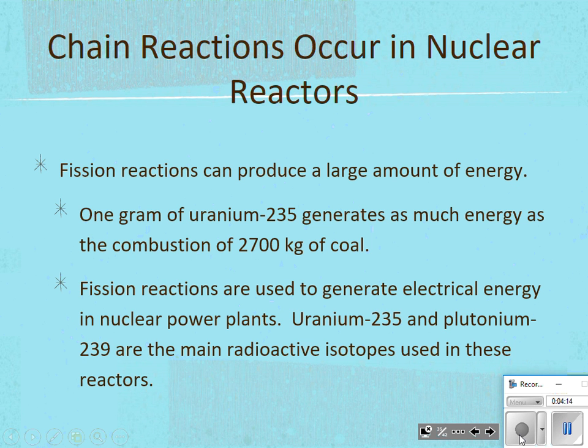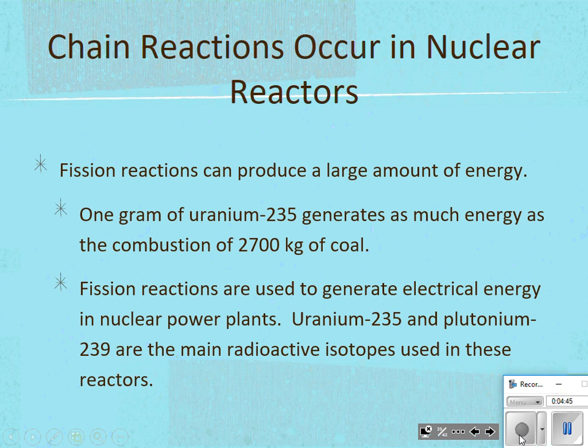A fission reaction can produce a large amount of energy. 1 gram of uranium-235 generates as much energy as the combustion of 2,700 kilograms of coal. That's a lot of kilograms of coal that generate the same amount of energy as 1 gram of uranium-235.